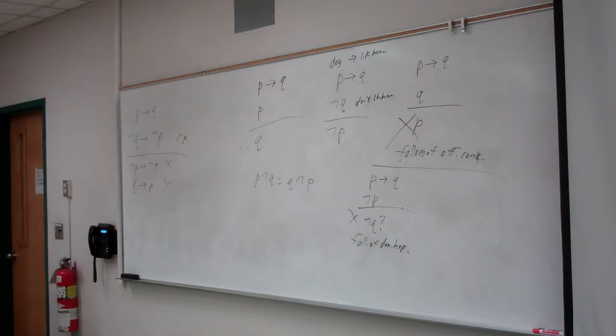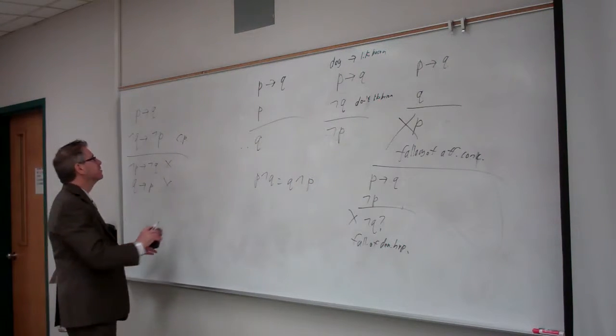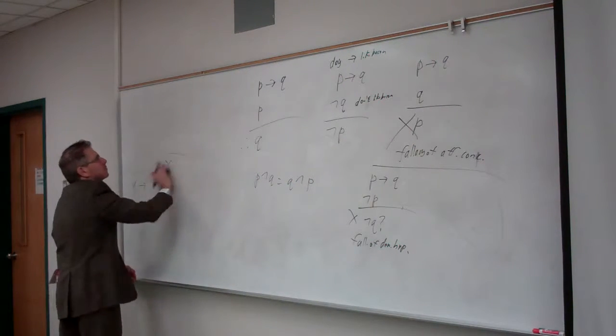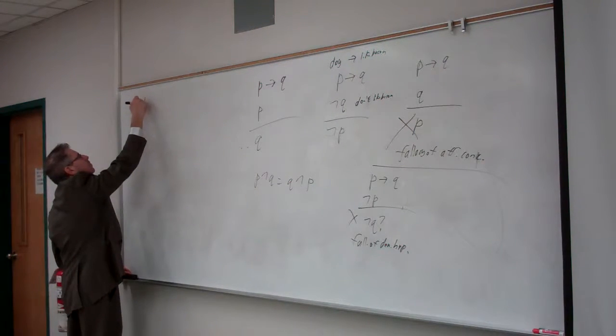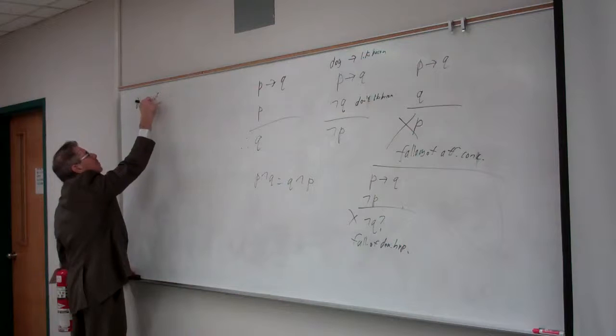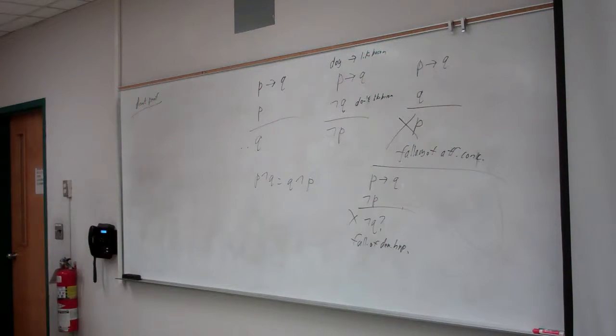All right, so methods of proof. A theorem is a statement that can be shown to be true. Methods of proof: there's direct and there's indirect. In a direct proof, you start with what you know and you work towards what you're trying to show.